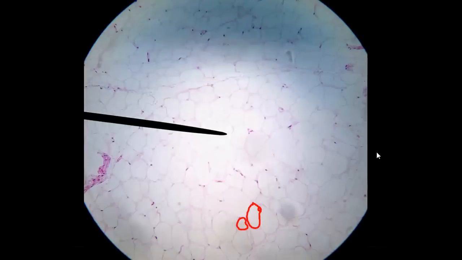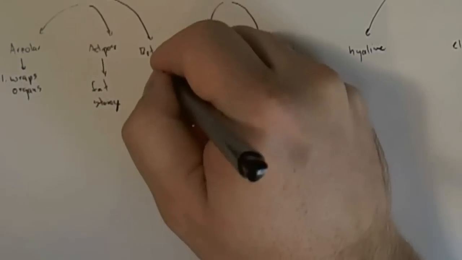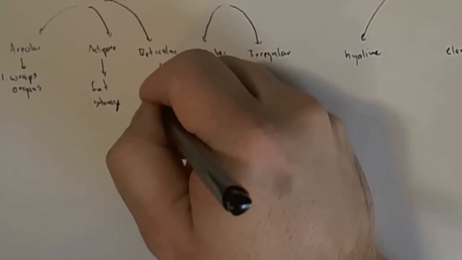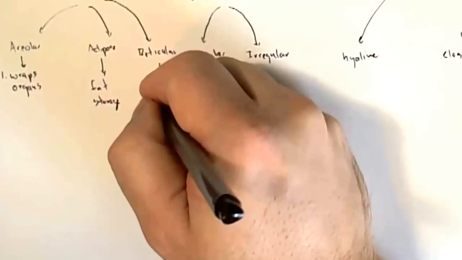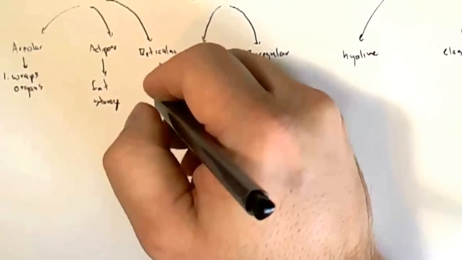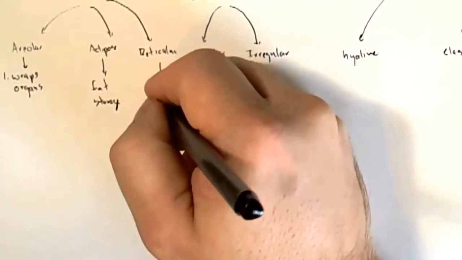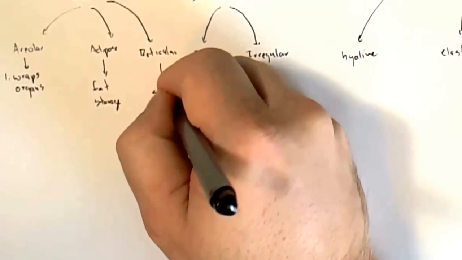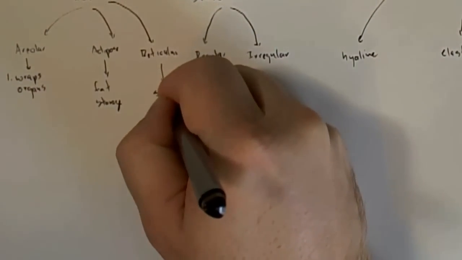And the nucleus could be this guy right here, or they have a nucleus off to the side and they're full of fat. So they look kind of like rings with a pearl on it or something like that. In reticular, where you're mainly going to see that is in the spleen and the lymph nodes, and it's kind of an internal skeleton for certain organs. So it's a skeleton for organs.